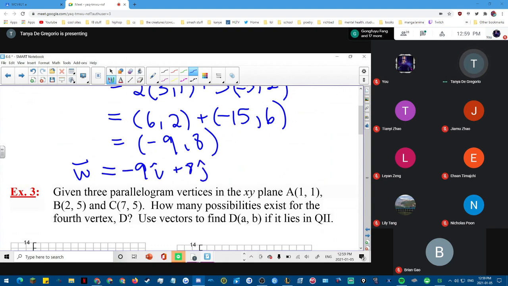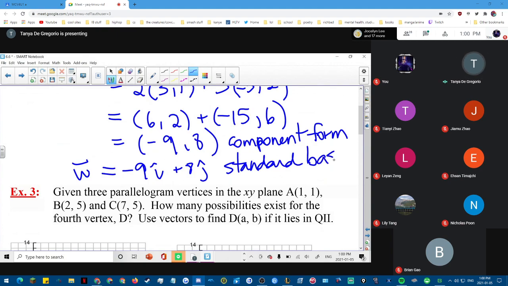And these are hats on the i and the j, not arrows. The hats signify that they are unit vectors. So this is component form, and this is standard basis form.